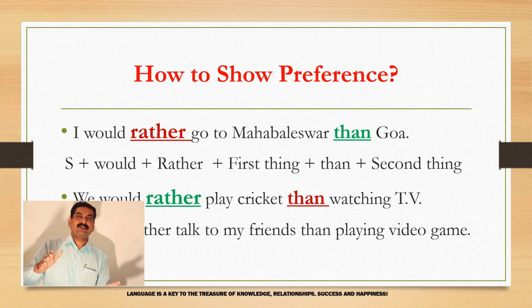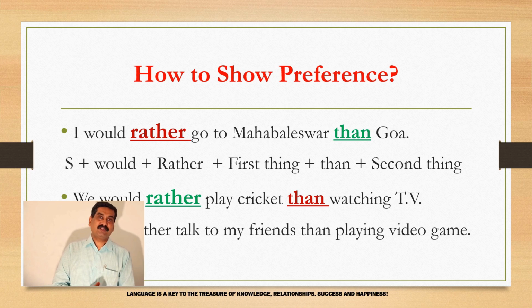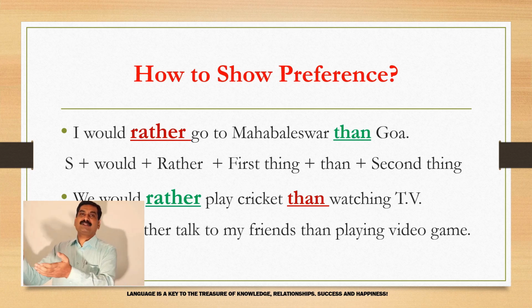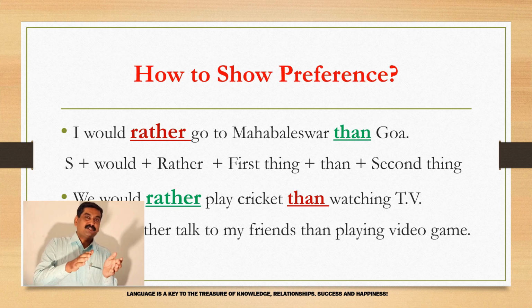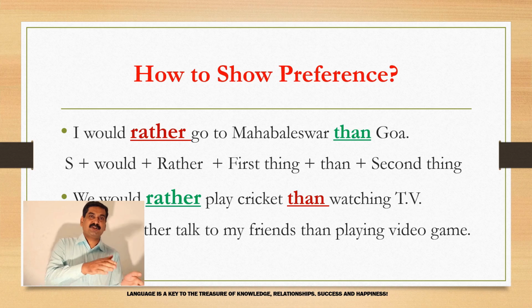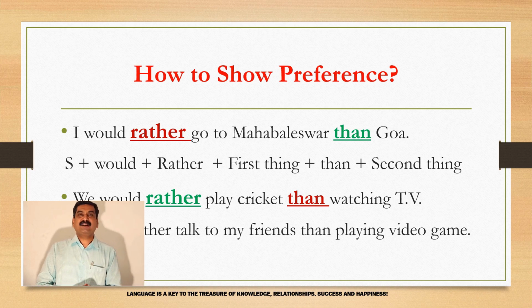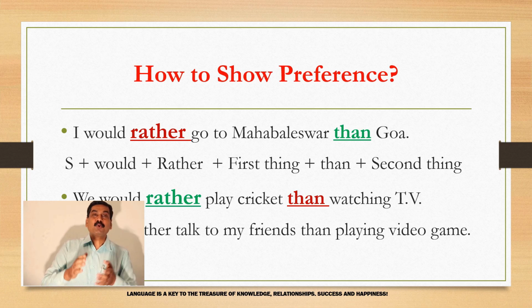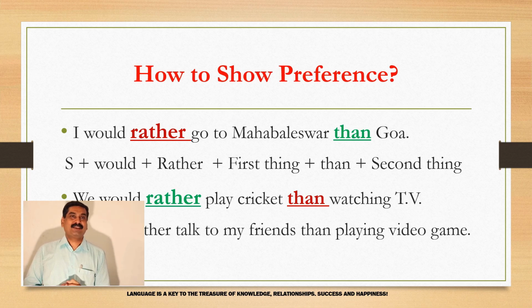I am using would rather than to show the preference. I would rather go to Mahabaleshwar than Goa. The first thing that comes after rather is preferred, and the second that comes after than is not preferred. I would rather go to Mahabaleshwar than Goa.